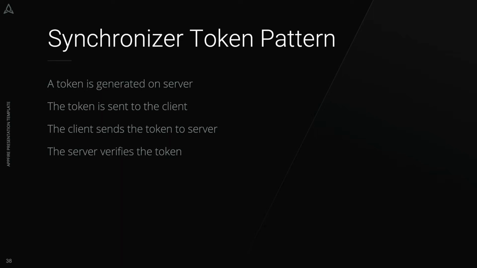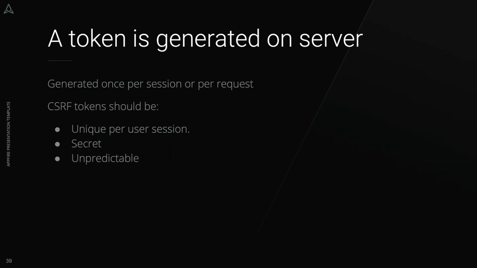Now let's talk about each step in more detail. A token is generated on the server. It is generated once per session or per request. So, for example, let's say you generate a token once per request. It means that, for example, if you open two tabs, you will overwrite the token from the previous tab with the tab which you opened last.